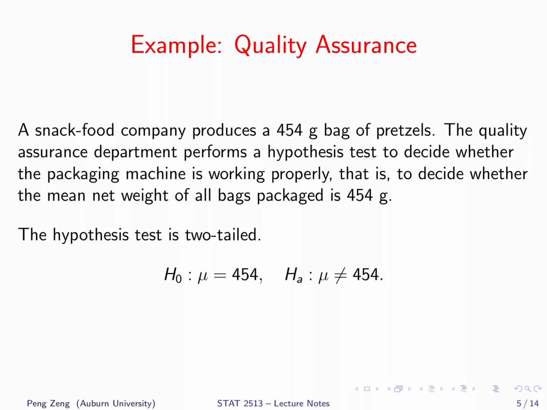The null hypothesis is always using the equal sign. Why is the alternative hypothesis not equal to 454? In this problem, if the packaging machine is not working properly, the weight of bags may be smaller than 454 grams or larger than 454 grams. Either case may happen. Therefore, we choose the two-tailed alternative hypothesis in this problem.